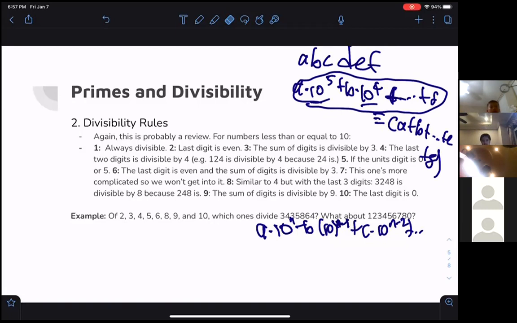For 10, the last digit is 0 for that divisibility. Of 2, 3, 4, 5, 6, 8, 9, 10, which ones divide 3, 4, 3, 5, 8, 6, 4? What about 1, 2, 3, 4, 5, 6, 7, 8, 0? All right, now I would love to hear your interesting answers about this, and also ask the TA Ethan, who is with us today.